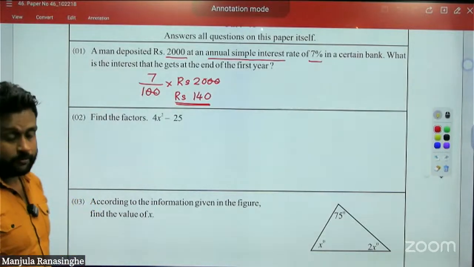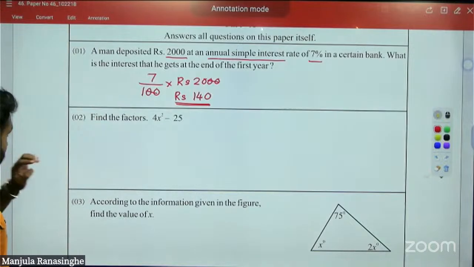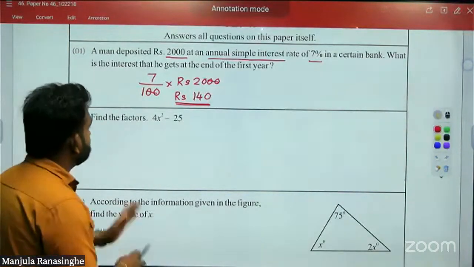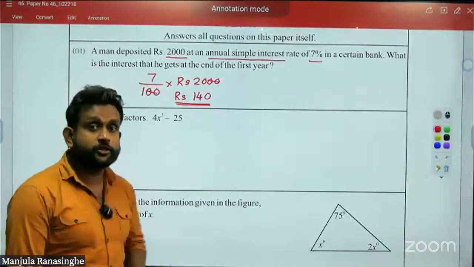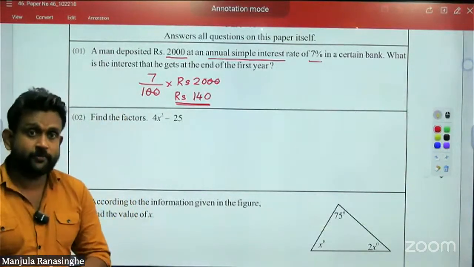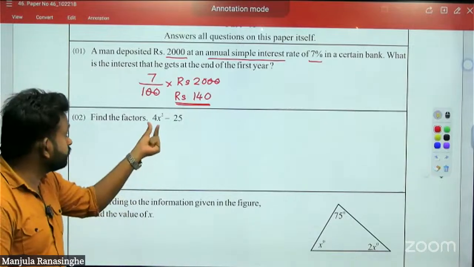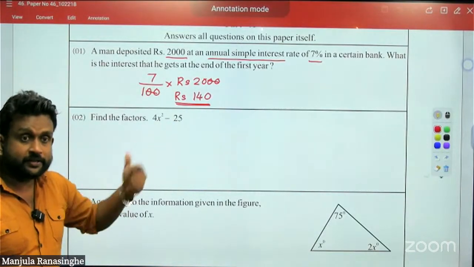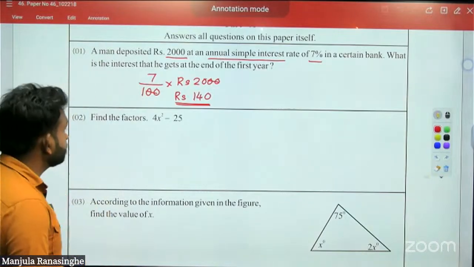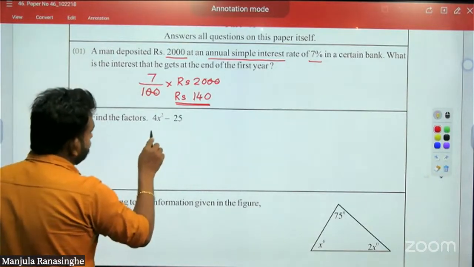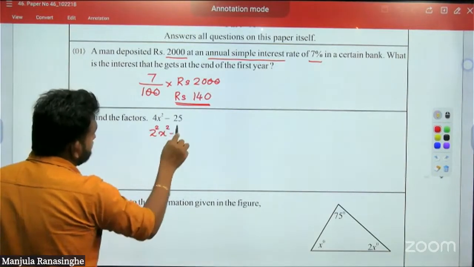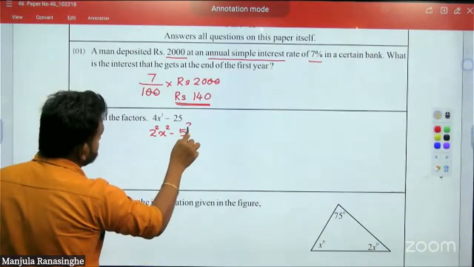Now find the factors of 4x squared minus 25. In factorizing, we first check whether we have common factors. No common factors for 4 and 25. Then take the difference of squares. How? 4x squared can be written as 2x squared, and 25 can be written as 5 squared.